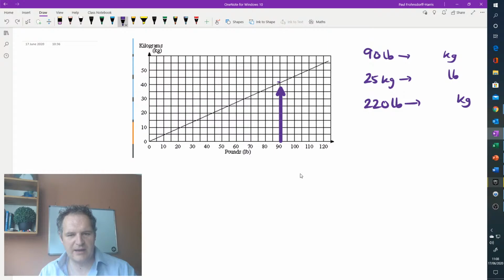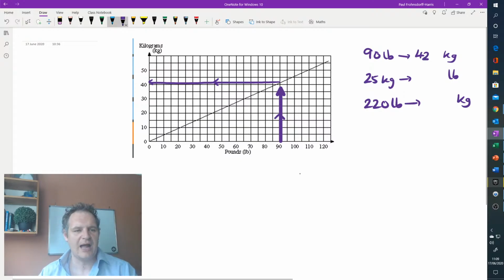I want to make it straight so that people don't write in and complain that your lines aren't very straight. Okay, this says to me it's about 42 kilograms. However, I'm now going to change from an arrow to an approximately equal sign.